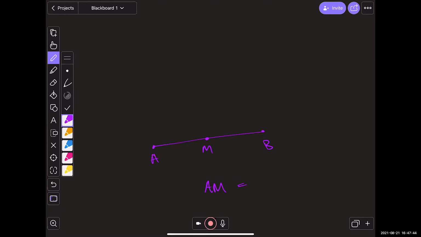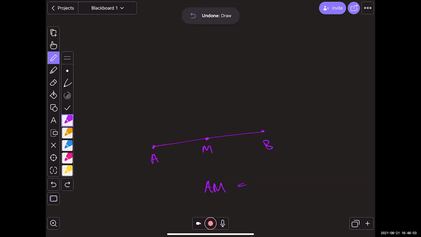So AM alone with nothing above it, no lines, no arrows, nothing like that, right? If we have a line with one arrow, that refers to a ray. If we have a line with no arrows at all, that refers to a line segment. With 2 arrows, that refers to an actual full-on infinite line, right?